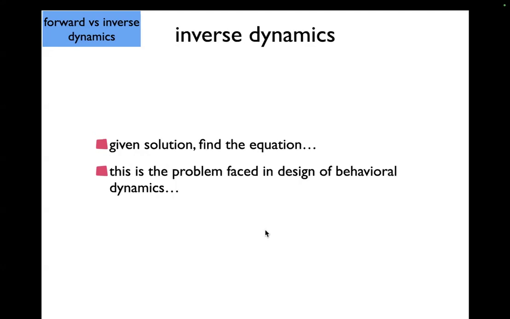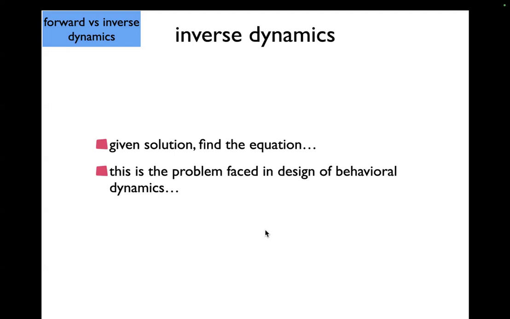Now inverse dynamics is the problem that we are more often faced with in neuroscience modeling, or modeling of behavior, because we don't know what the fundamental equations of the brain are, or that describe behavior. What we do know are some properties of neural activation or of the behavior, which we represent neurally by a neural network, and then we have some kind of description of what kind of neural states must be the basis of the behavior.